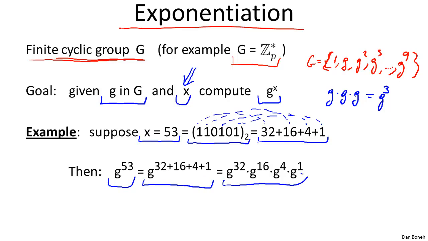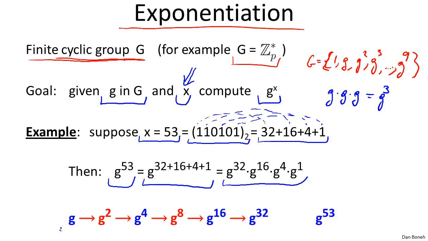Now that should start giving you an idea for how to compute g to the 53 very quickly. What we'll do is simply take g and start squaring it. Square g once to get g squared. We square it again to get g to the 4th, then g to the 8th, then g to the 16th, g to the 32. So we've computed all these squares of g.